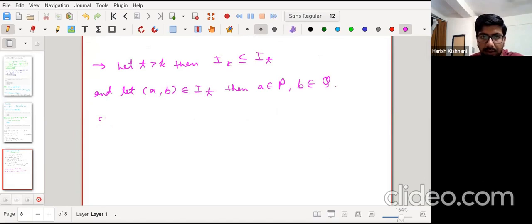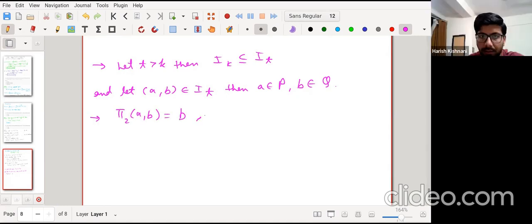and what can you say about its intersection? Just a minute. Yes, pi 2 of AB is B, right? Yes, sir.